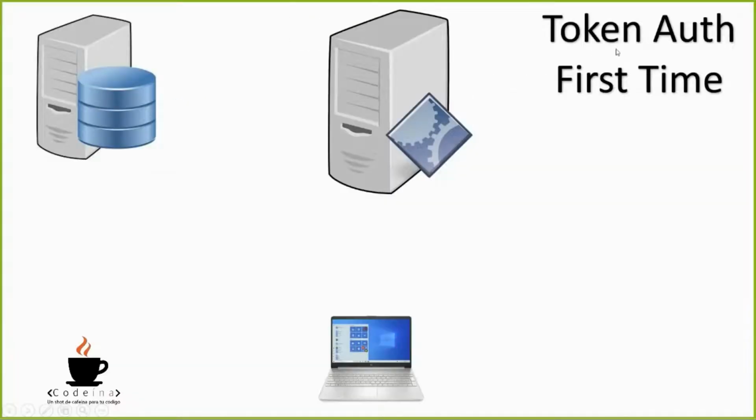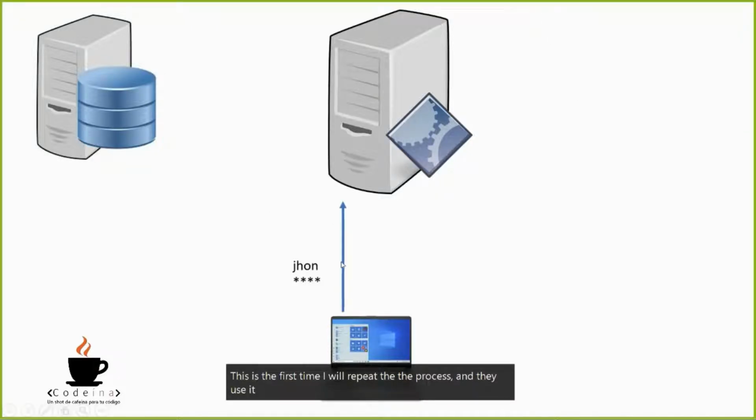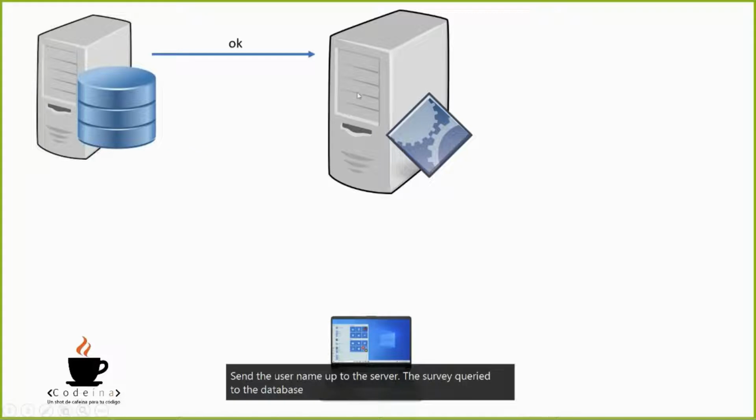Next is token authentication. This is a simple token. The process is the following. The first time, the user sends the username and password to the server, the server queries the database, and the database responds OK to the server.